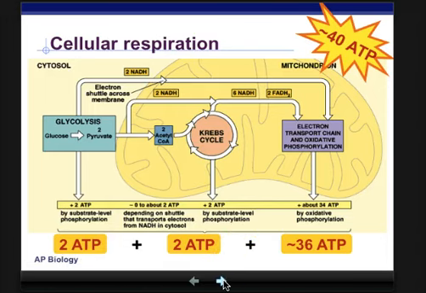Okay, so that's a lot of work to go from taking sugar inside a cell to getting a bunch of energy, but the cell, as complex as it is, cells are very efficient at this, especially your skeletal muscle cells. They're doing this no problem with a ton of mitochondria in each cell.